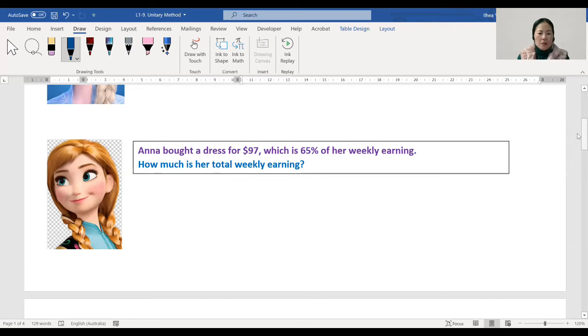Anna bought a dress for $97, which is 65% of her weekly earning. So how much is her total weekly earning? Let's summarize what's happening here. I've got 65%, which is equal to $97.